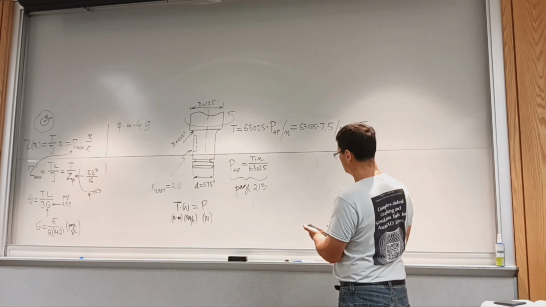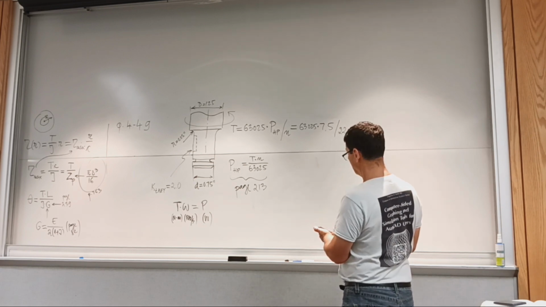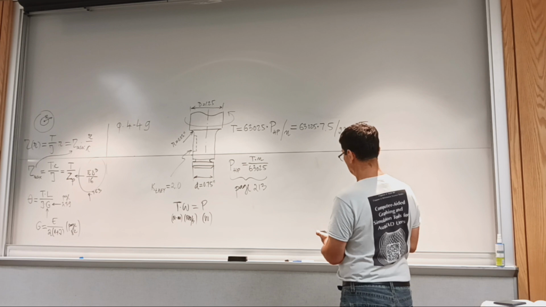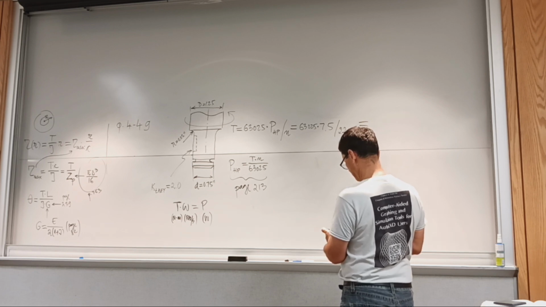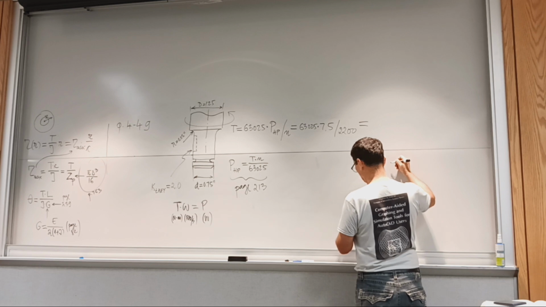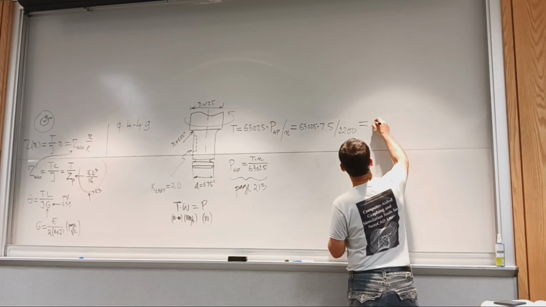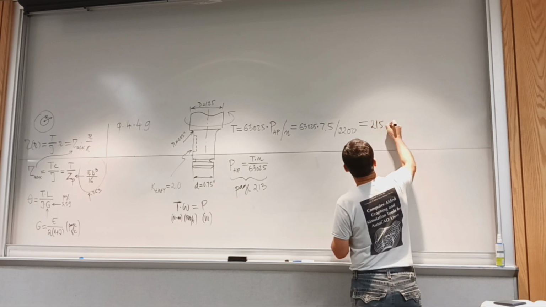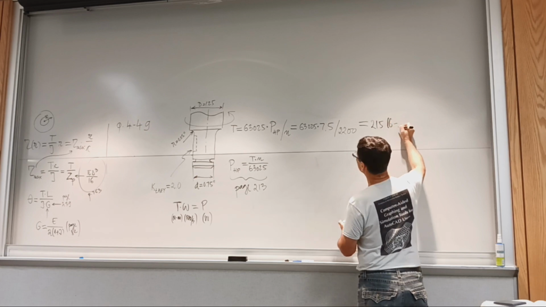and it's going to be, we said 63025 times 7.5 over 2200. So it's 214.85. I can easily say 215 pound foot of.